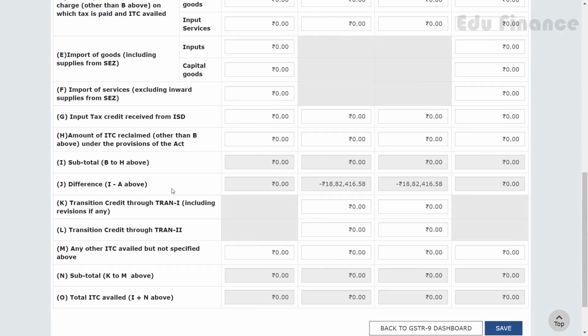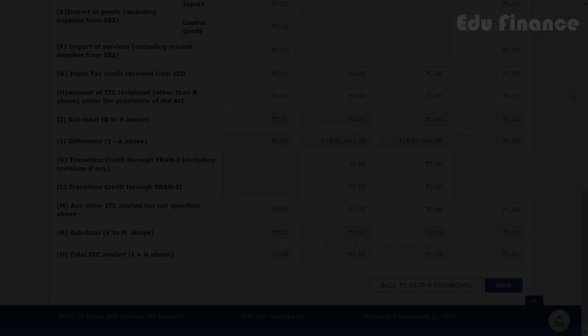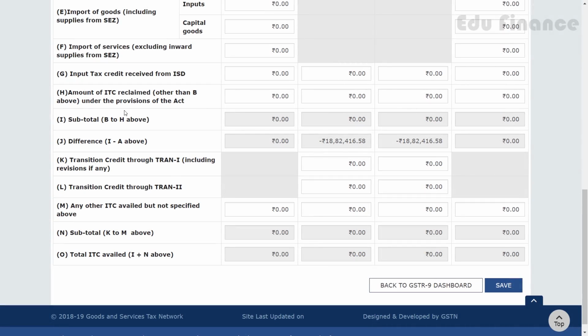Now look at table 6J. Difference is auto-populated as a difference between ITC availed in GSTR 3B and ITC availed in books of accounts. This difference should ideally be nil. Then enter the details of any transitional credit received in electronic credit ledger through Tran 1 and Tran 2.